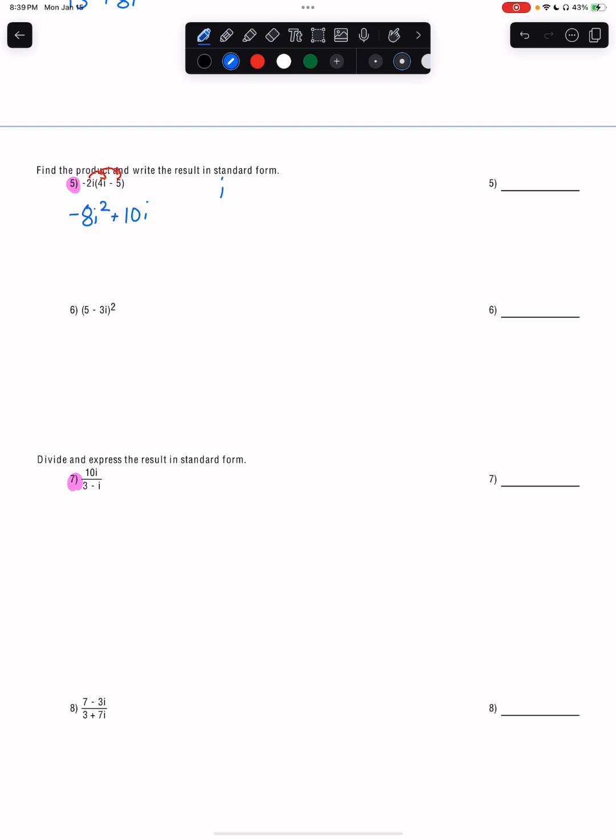And we got to remember, if i equals the square root of -1, then i squared is just the square, not the square root. So if we square i, we'd get rid of the square root and be left with just the -1. So in this case, it would turn to this, leaving our final answer to be 8 plus 10i.